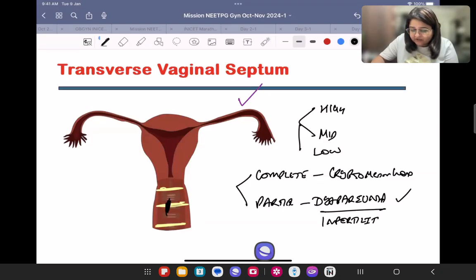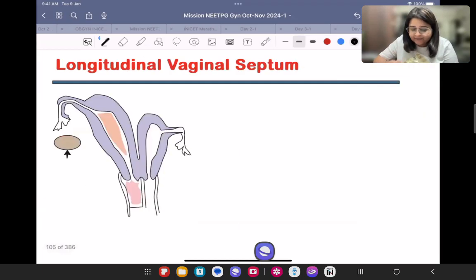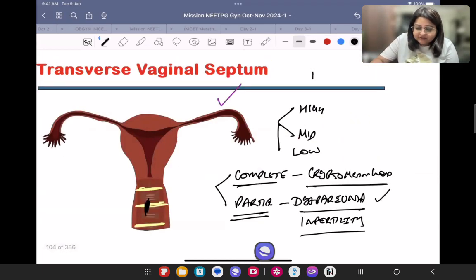The sperm may not find its way upwards. So remember, it could be partial also. It may not necessarily be a complete one. If it's complete, we already know the presentation. And the diagnosis is MRI. The best way to diagnose this is the MRI.